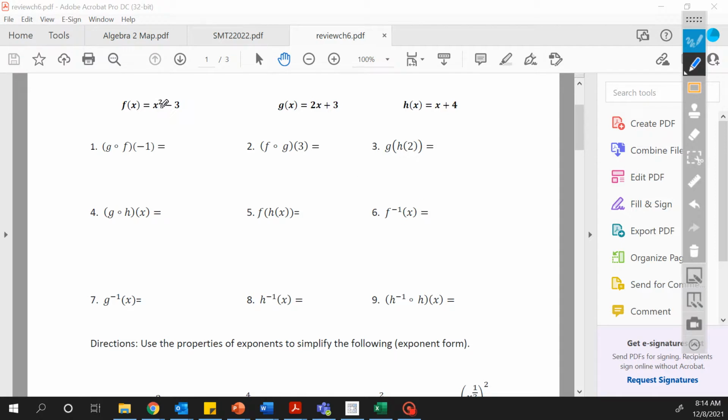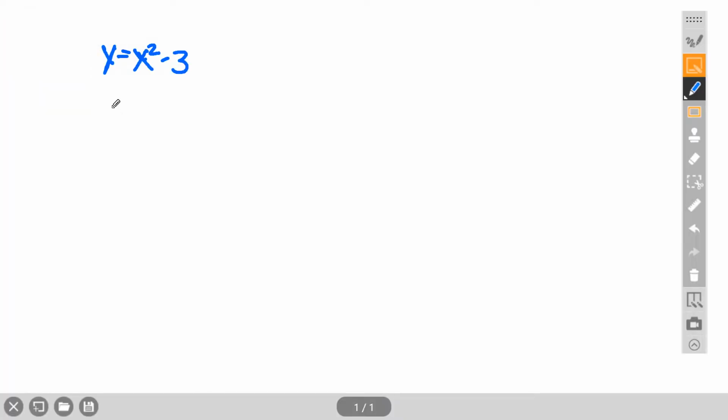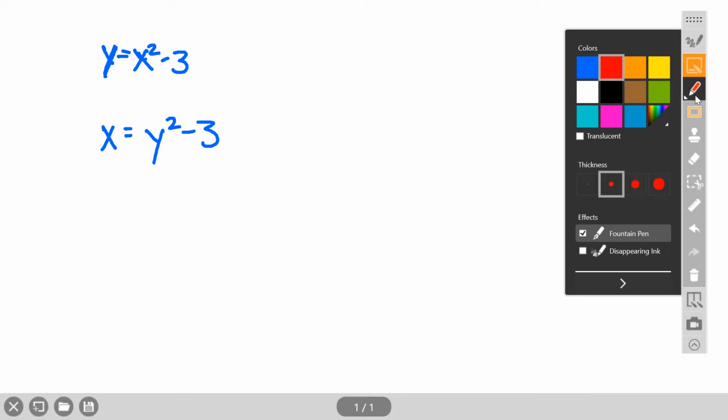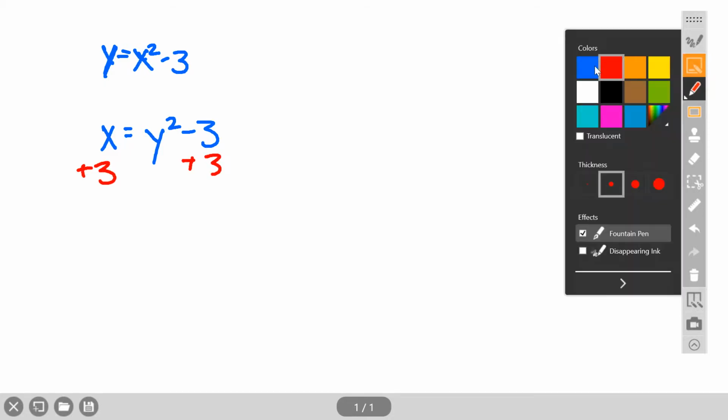For number 6, we're doing an inverse function, the inverse function of f. First we'll write the f function as y equals x squared minus 3. Since the inverse function has the input and the output switched, we'll switch them here. So x equals y squared minus 3, and then we'll solve this for y to get the inverse function.